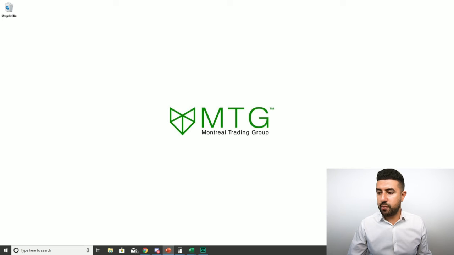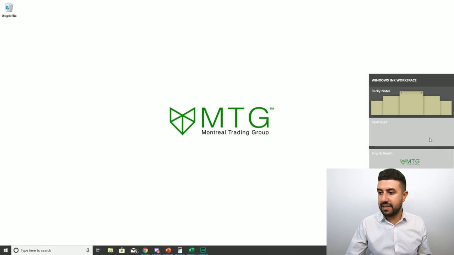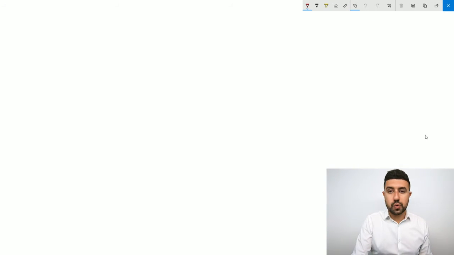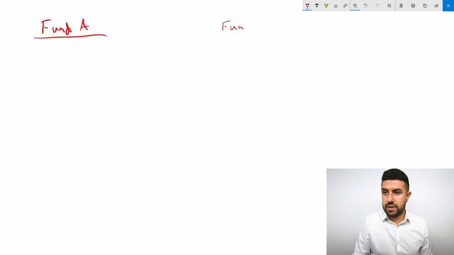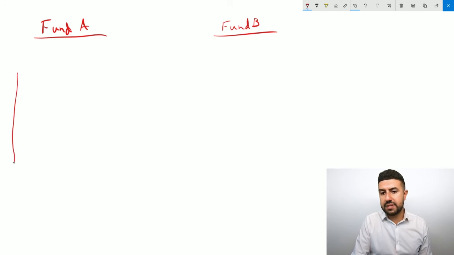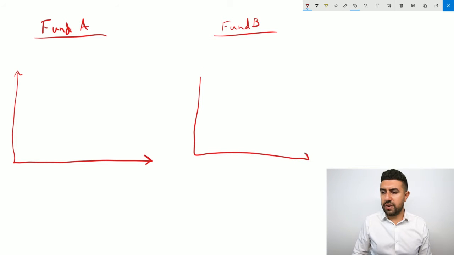Now, initially when the Sharpe ratio was invented and used, it was to compare different mutual funds. You had a bunch of funds. Let's say you had one fund, let's call it Fund A, and then you had another fund, Fund B, that gave you different performance for the year. So as an investor, you don't always know which fund you should invest in, right?